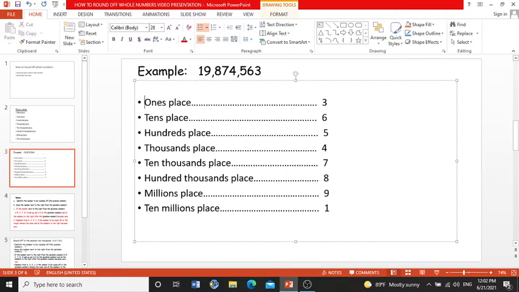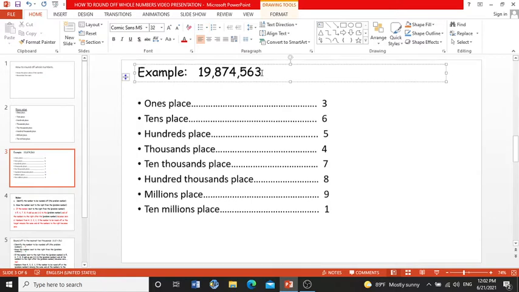What I'm trying to show you is the place value of this number. Can I highlight this one so that it looks easier for you? Okay, I'll just put it like that.